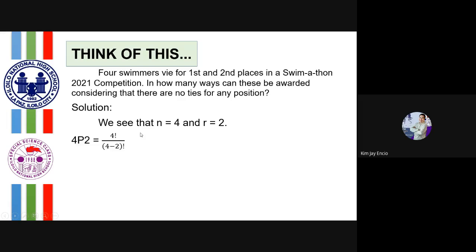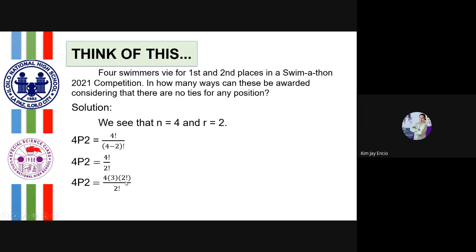By making use of the formula, that's 4P2. It's equal to 4 factorial over (4 minus 2) factorial. This simplifies to 4 factorial over 2 factorial. Based on what we did last time, 4 factorial could be expressed as 4 times 3 times 2 factorial.